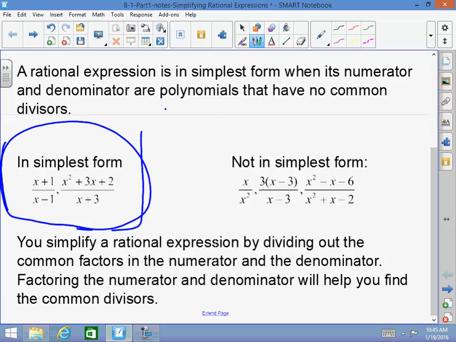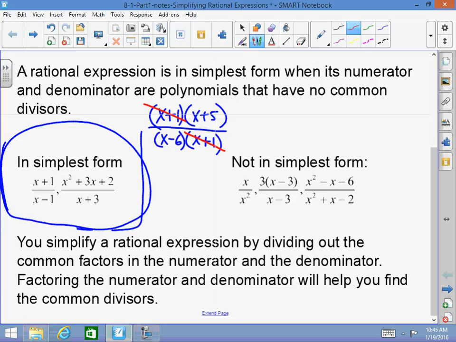I can do this if I have an x plus 1 times an x plus 5 divided by an x minus 6 times x plus 1. I can absolutely get rid of this x plus 1 and this x plus 1 because I can eliminate exact polynomials from numerator to denominator.